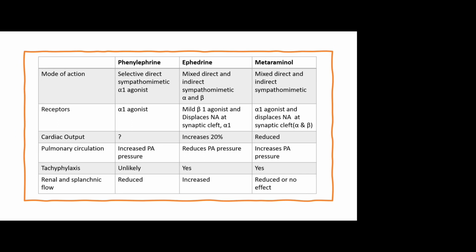However, it is likely to have tachyphylaxis if you're using it for a long time, and it does increase renal and splenic flow. So if you're using a short-acting, blood pressure increasing drug perioperatively in a patient who is likely to have pulmonary hypertension, ephedrine probably is a better drug.